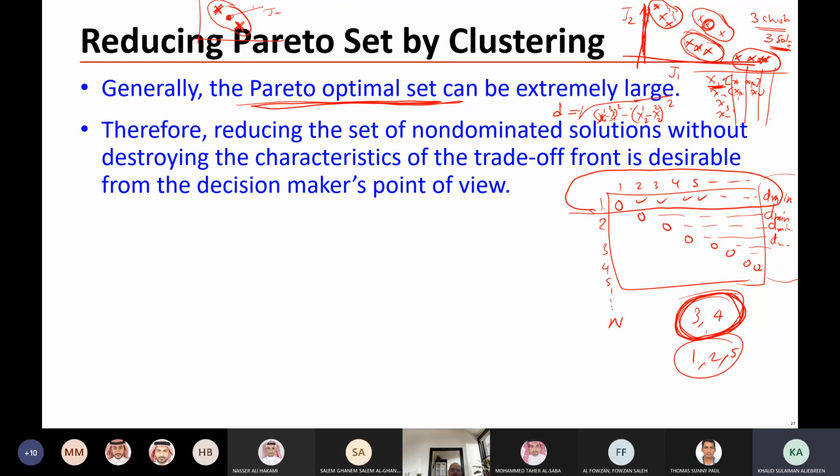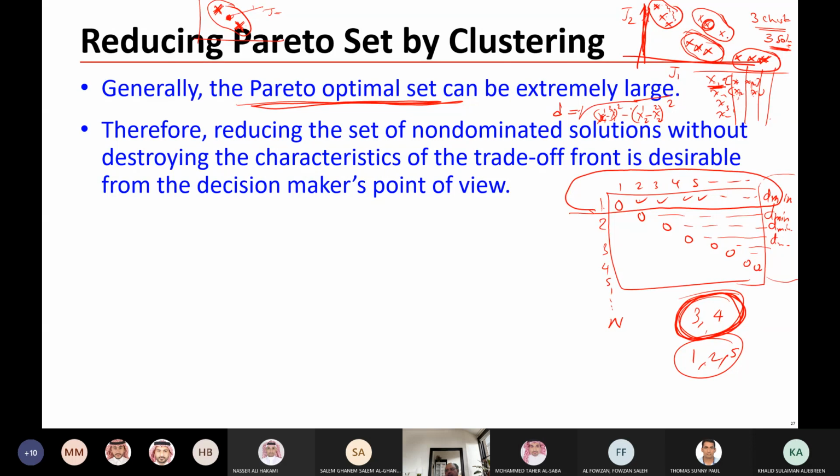So could you please repeat the last sentence? We are comparing here. If you have, like, 3 solutions in one cluster, we need to identify a representative for this cluster. But this representative should be a solution.